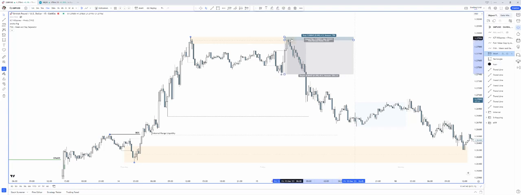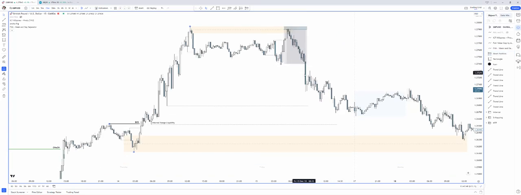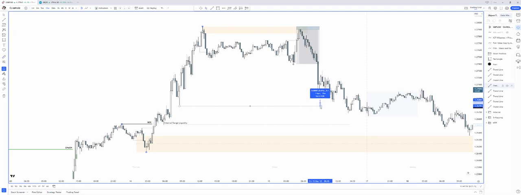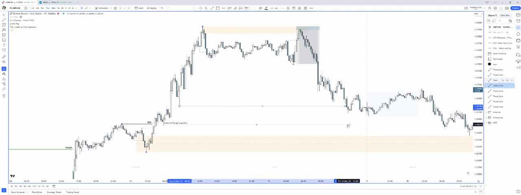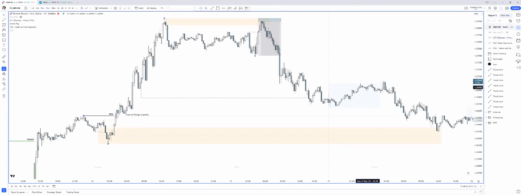We have 11R from here. Okay. And then we have the ranges from here to here. You can play until here or until here. Like this is the Asian session. We can short here based on anything above.